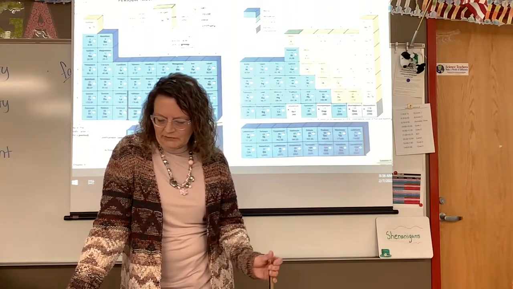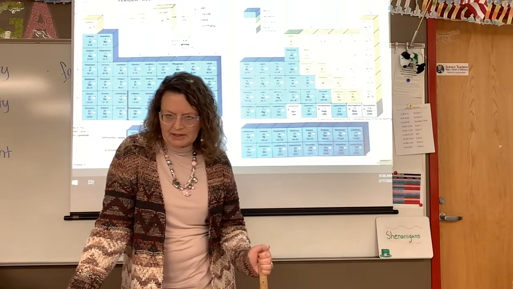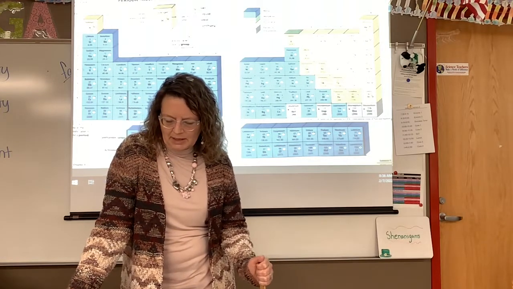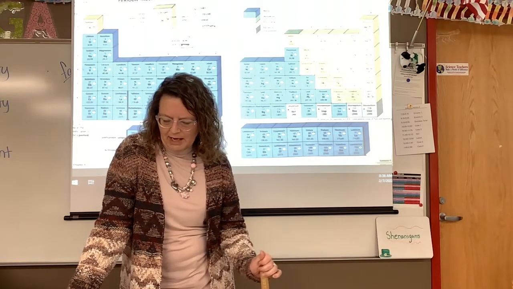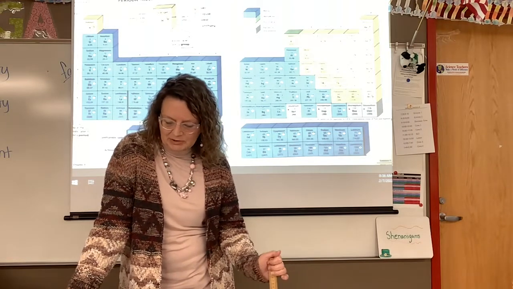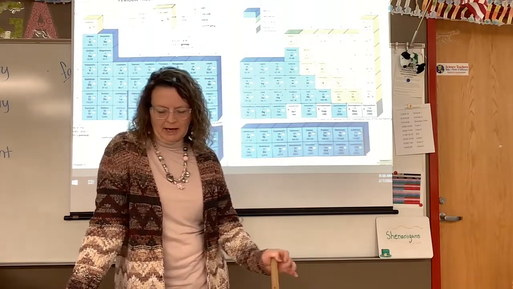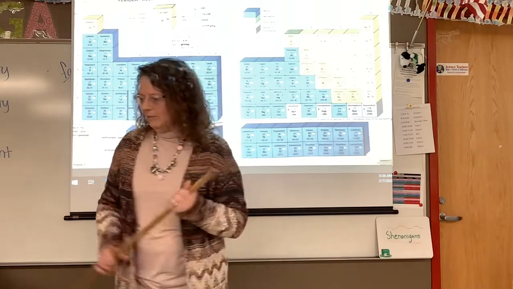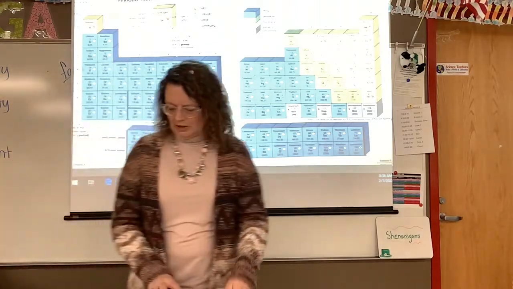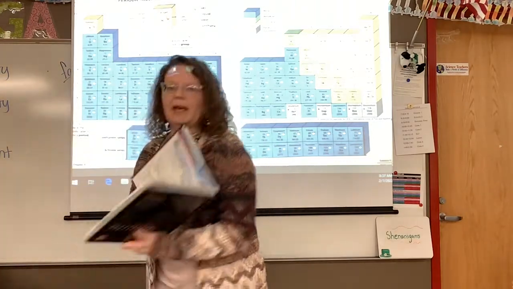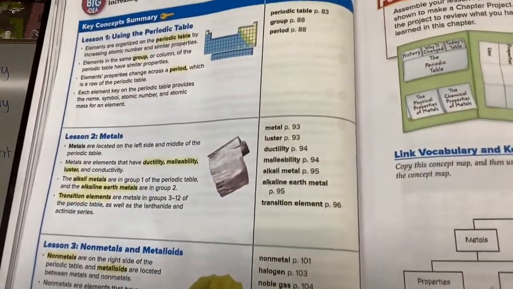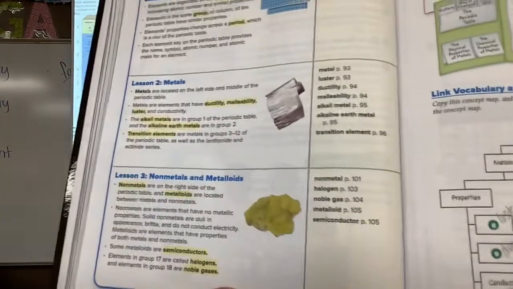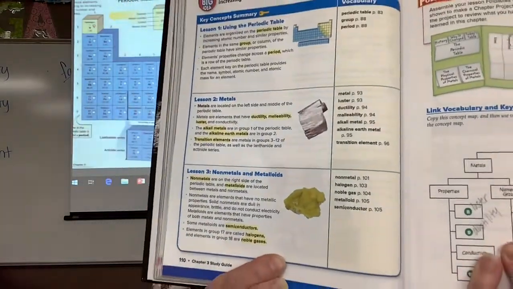The directions for the concept map say copy this concept map, and then use the vocab terms from the previous page to complete the concept map. The only terms that you can use are in the yellow. Those are the only terms you're allowed to use when you do your concept map.